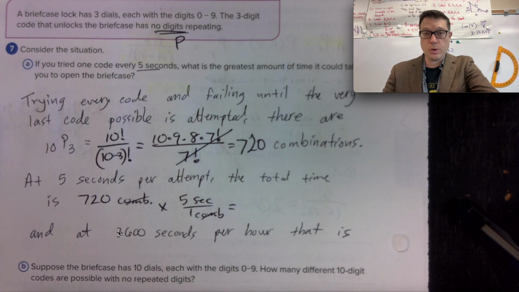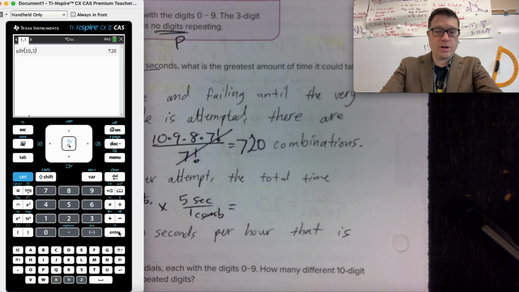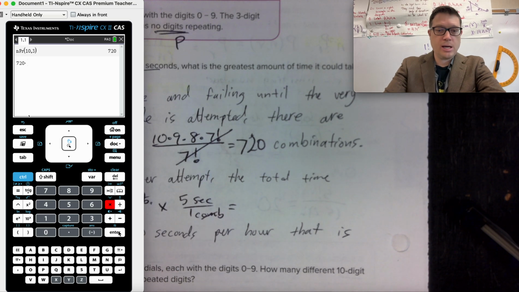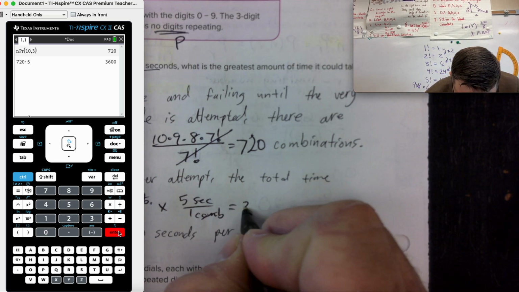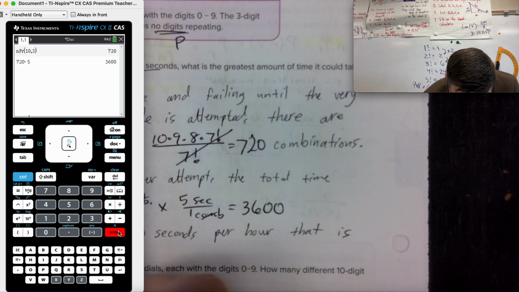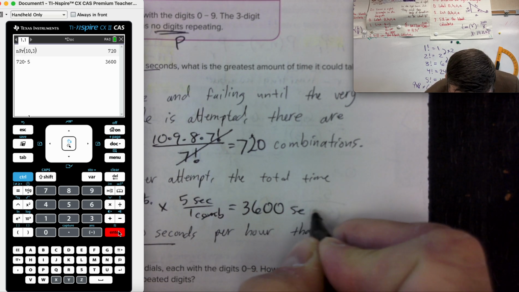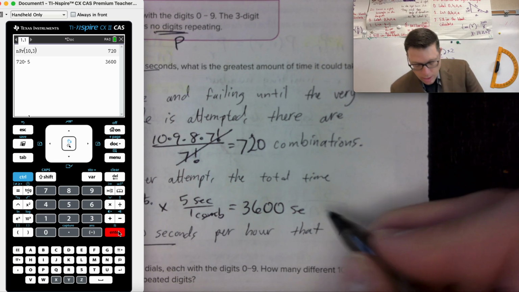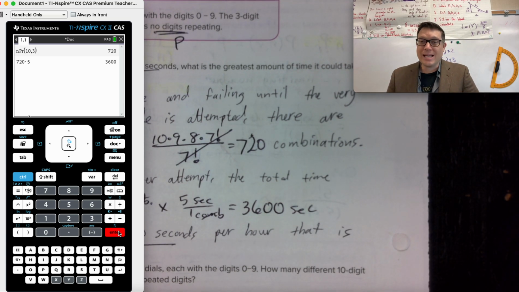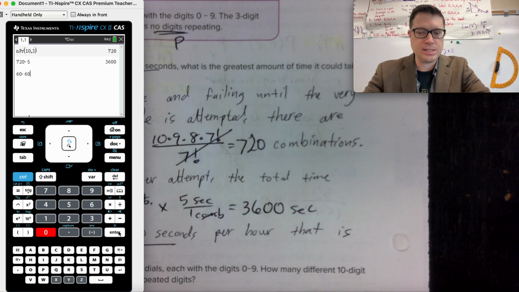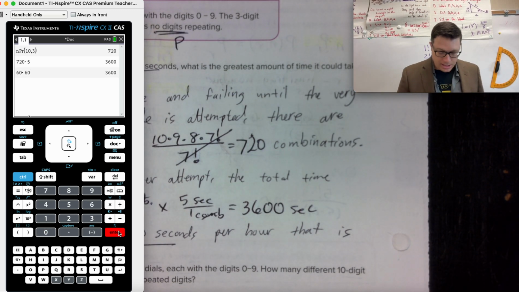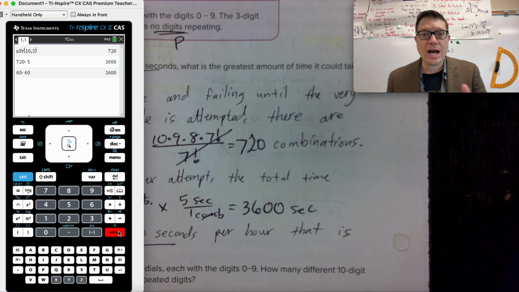Now 720 times 5, let's use our tool here, is 3,600 seconds. Oh wait, there are 3,600 seconds in an hour. I know that because 60 minutes times 60 seconds a minute is 3,600 seconds. It's going to take an entire hour of trying.